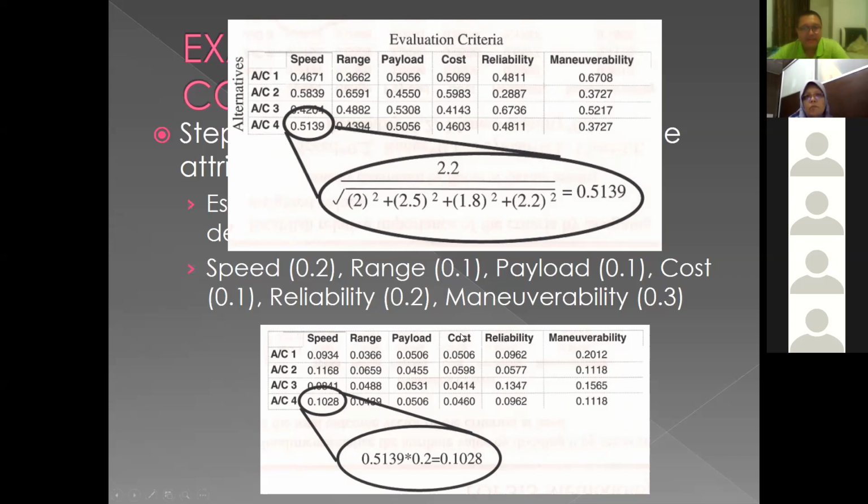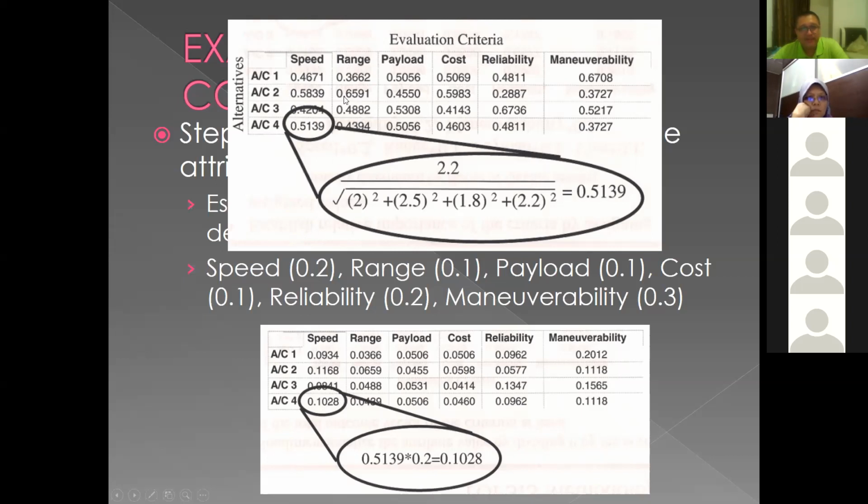Okay, clear. Then again, the weightage value must be multiplied for each individual box on that particular column. In this case, for speed, it is multiplied by 0.2. So everything in this column for speed, you have to multiply by 0.2 to get all these numbers.